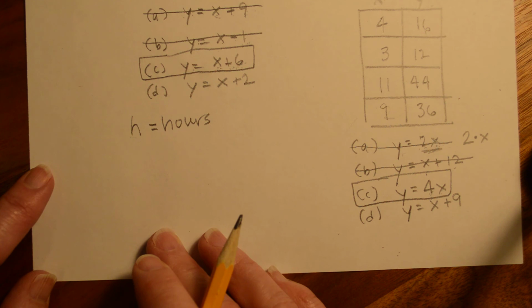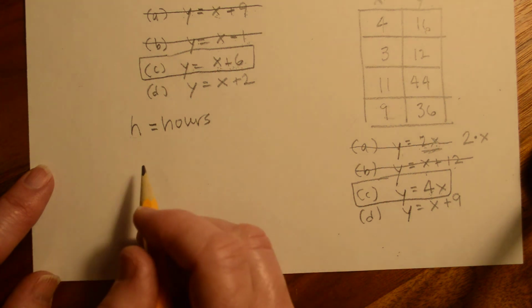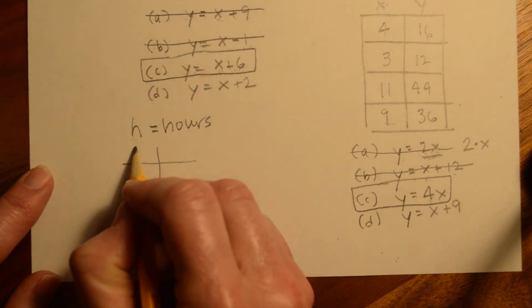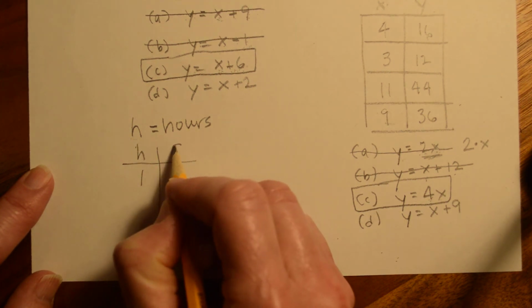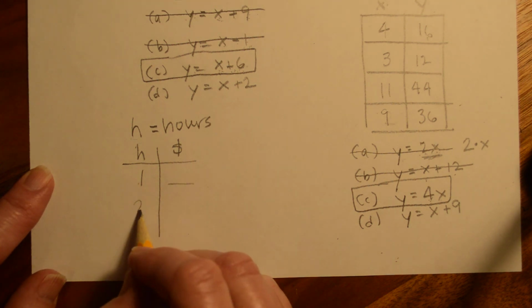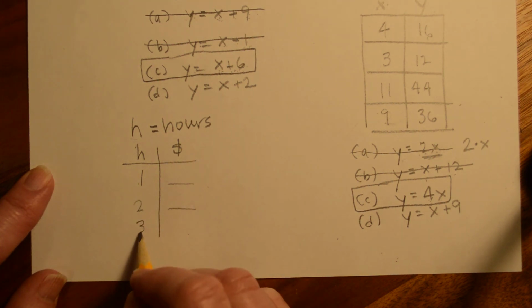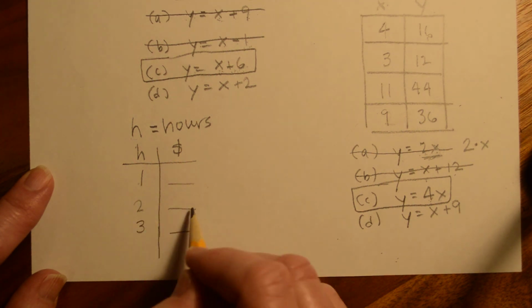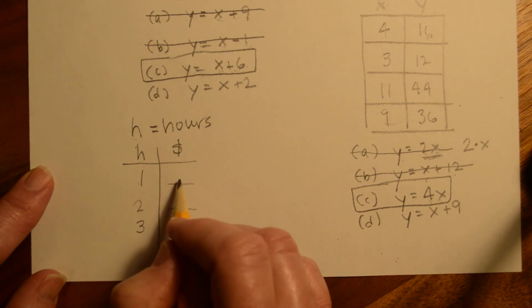And a lot of times I ask myself things like, if I worked for 1 hour, this is the number of hours, this is the amount of money. If I worked for 1 hour, how much would I earn? If I worked for 2 hours, how much would I earn? If I worked for 3 hours, how much would I earn? And so forth. And then I can see what the pattern is, or at least I can say, well, how did I get that?